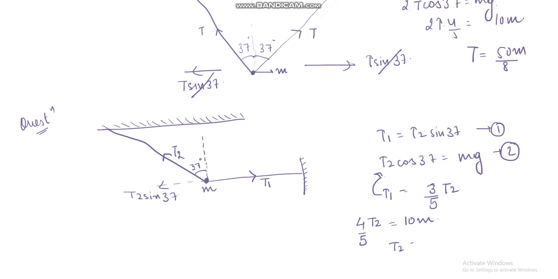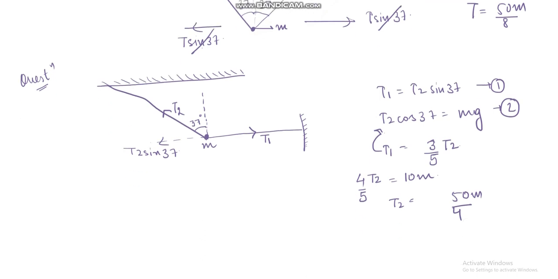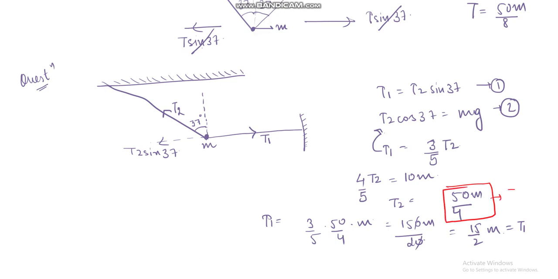So T2 will be 50m/4, and T1 will be 3/5 of T2, which is 3/5 into 50m/4. So 150m/20 is T1, that is 15/2 m is T1, and T2 is 50/4 m.